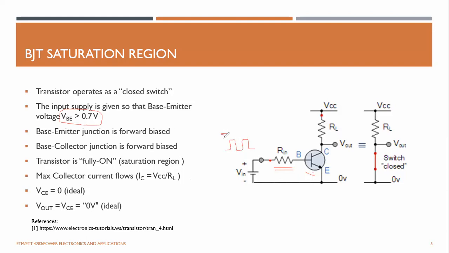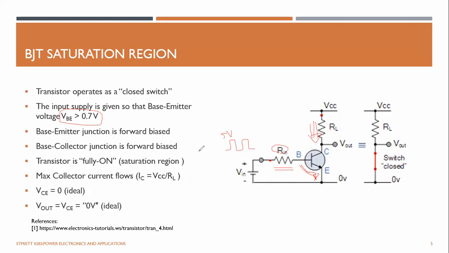If this is 5 volts, whatever value you select for Rin should provide a voltage greater than 0.7. That will enable a small current to flow from base to collector and a large current to flow from collector to the emitter.